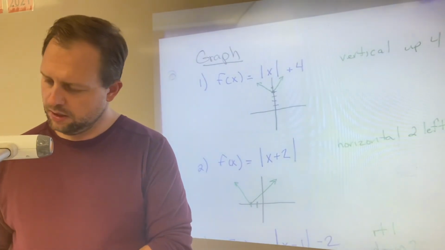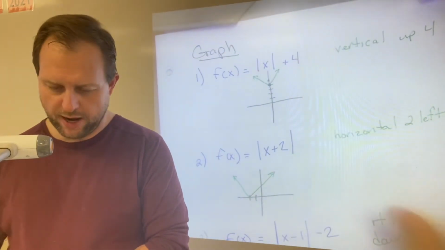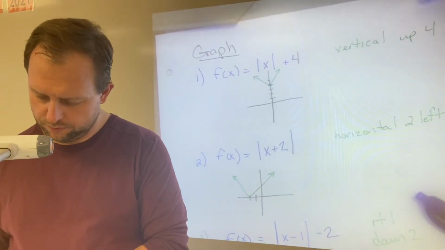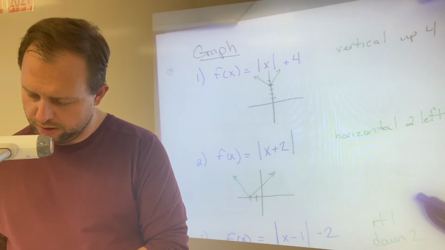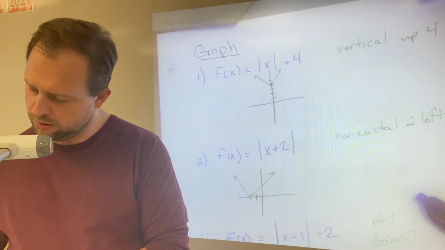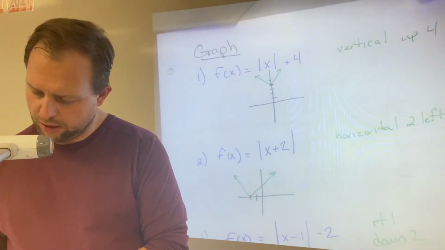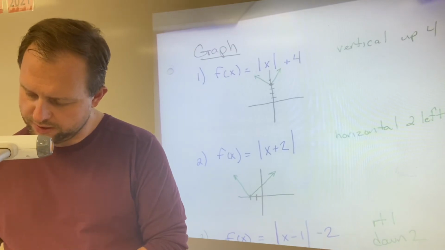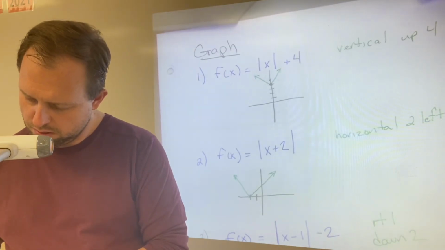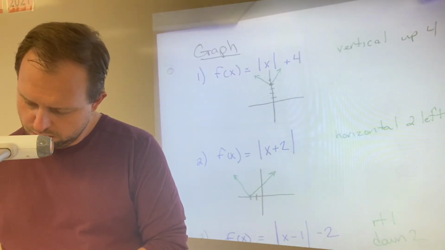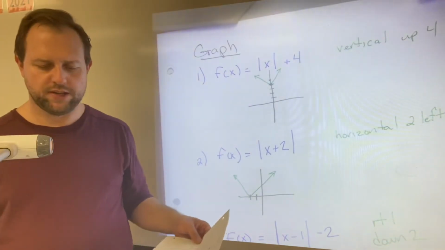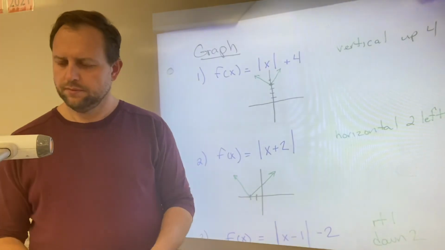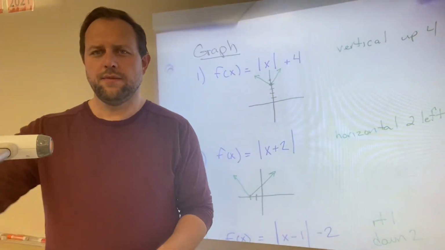So on our graph, we're going right 1, down 2 to get our vertex. And then our graph like so. Okay?